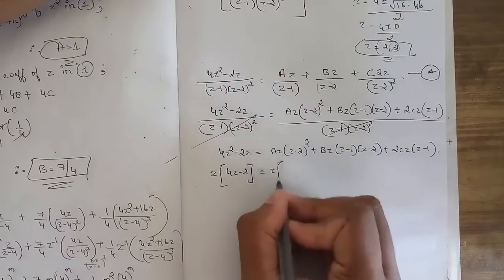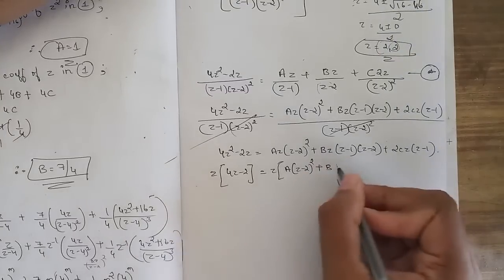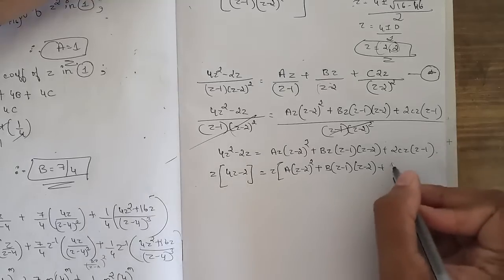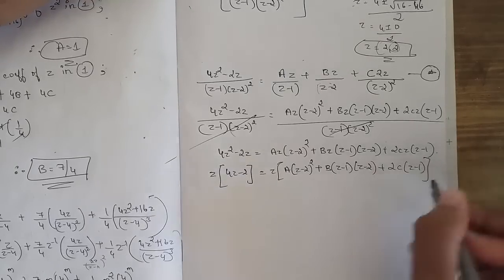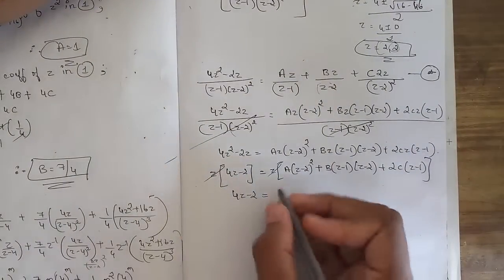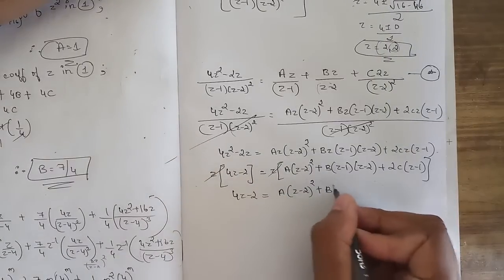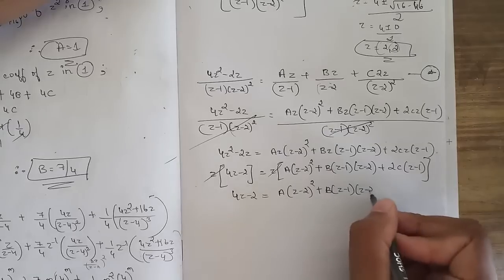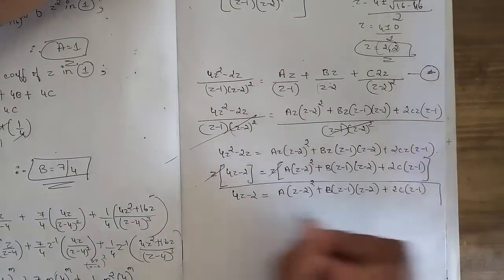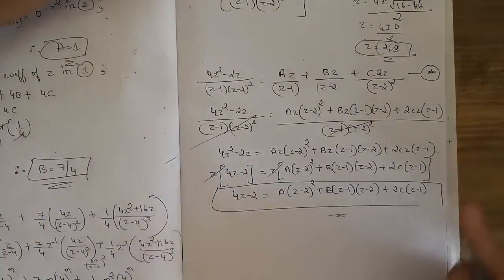Here also take z common: A into z minus 2 whole square plus B into z minus 1 into z minus 2 plus 2C into z minus 1. So that we can cancel this z. So the remaining terms are 4z minus 2 is equal to A into z minus 2 whole square plus B into z minus 1 into z minus 2 plus 2C into z minus 1. So take this as equation 1.